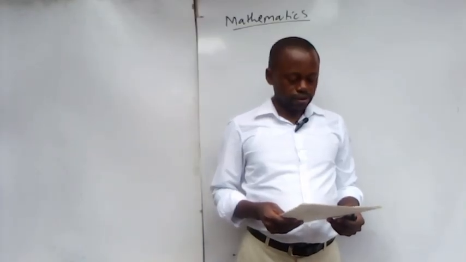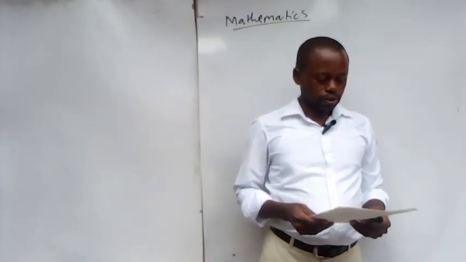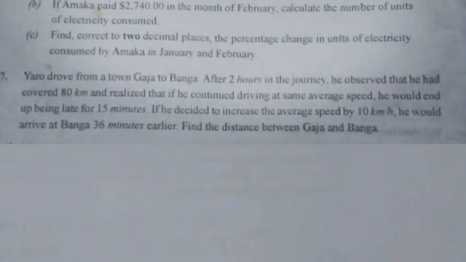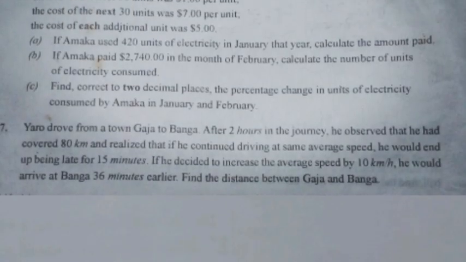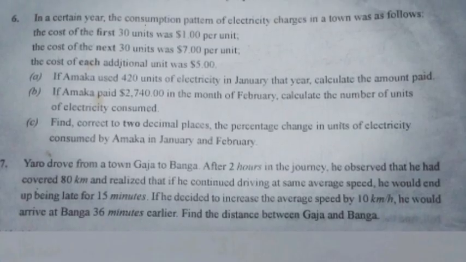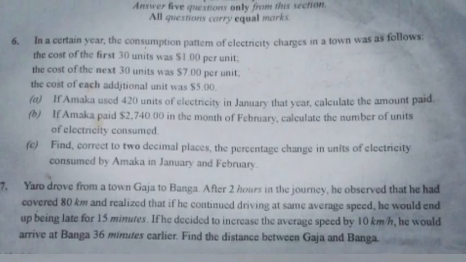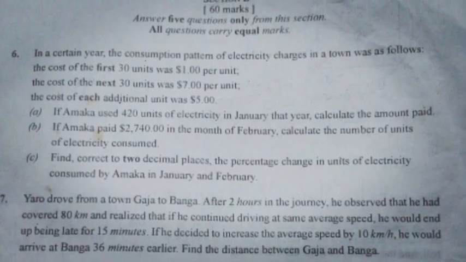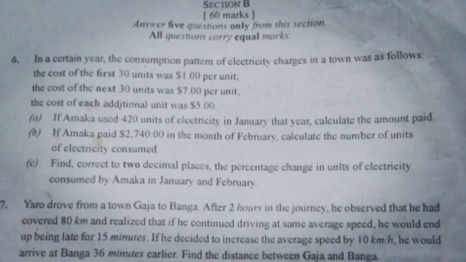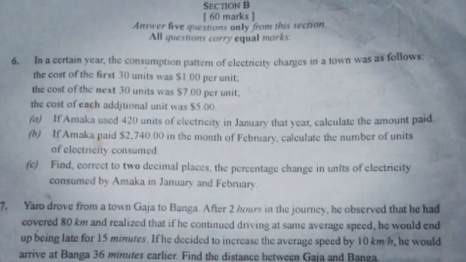Question number 7 says Yaro drove from a town, Gaja, to Banga. After 2 hours in the journey, he observed that he had covered 80 kilometers and realized that if he continued driving at the same average speed, he would end up being late for 15 minutes.